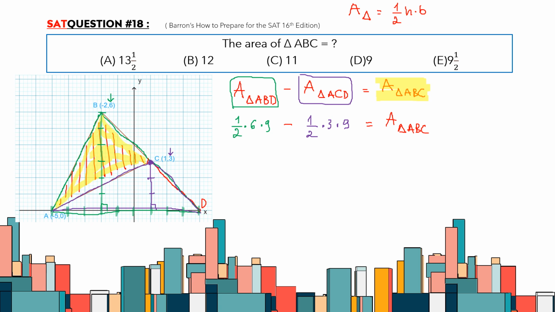Now we can take 1/2 times 9 out, and 6 subtract 3. This will give us 1/2 times 9 times 3.